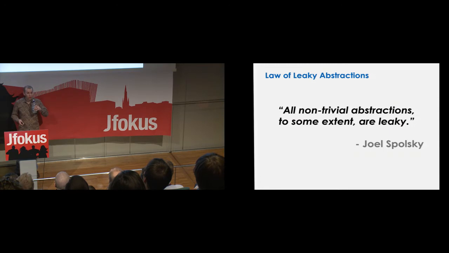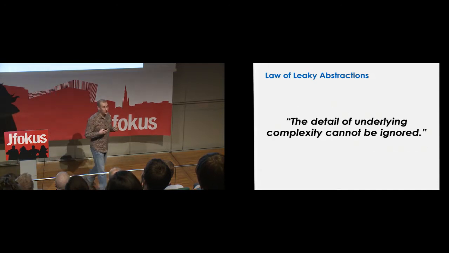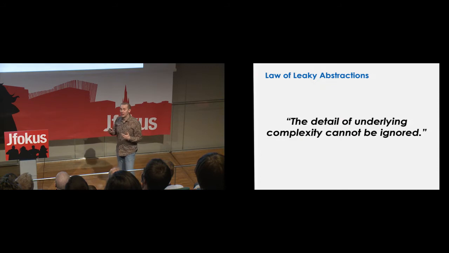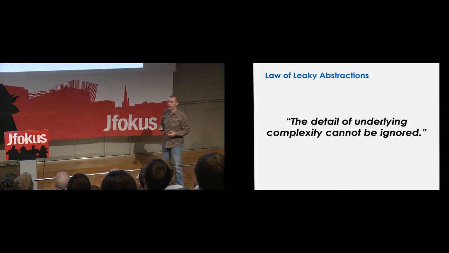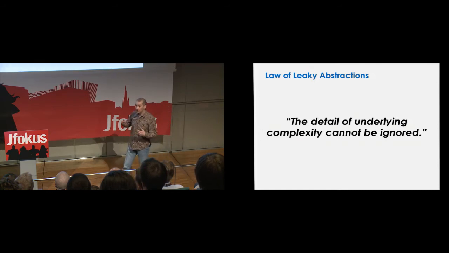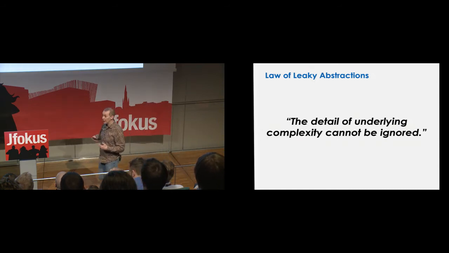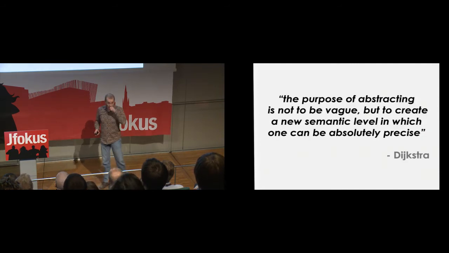Anyone heard of Joel Spolsky's law of leaky abstractions? Probably lots of this. And what's kind of interesting is he points out that a lot of this is because of the complexity of the underlying, well, it's actually because we're getting abstraction wrong. It's become so commonly misused, we have a law of leaky abstractions. Let's go back to Dijkstra.